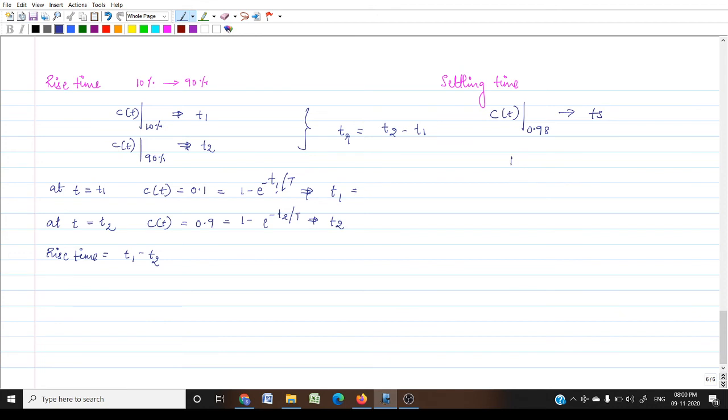So when I substitute, e to the power minus ts by capital T is equal to 0.98.